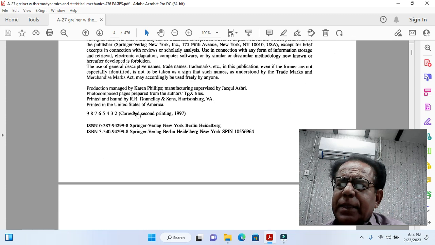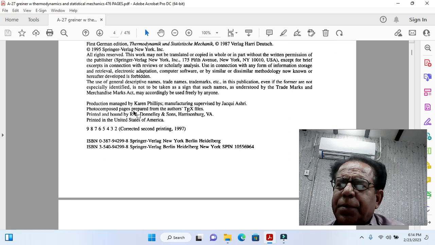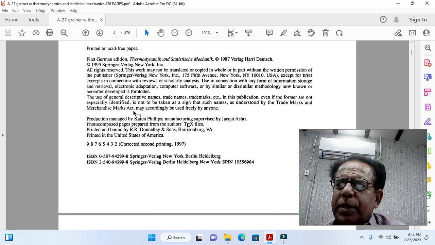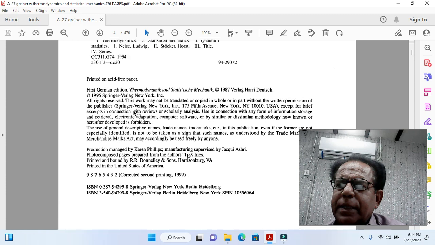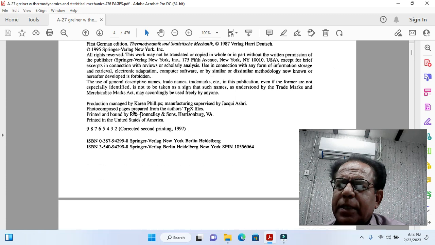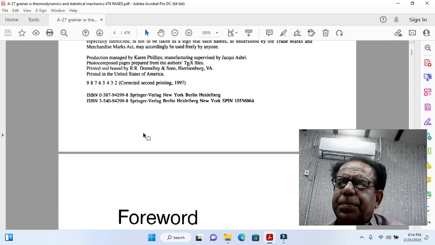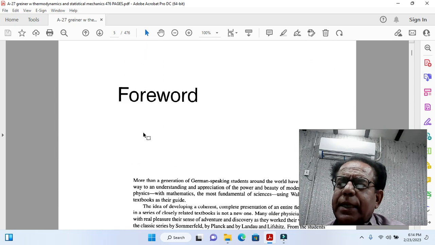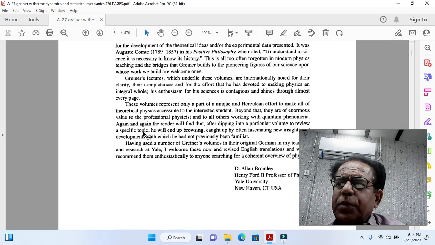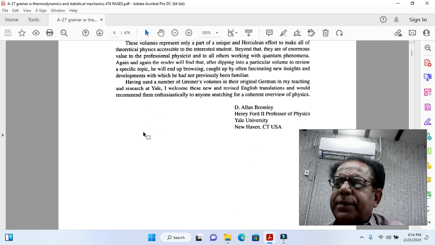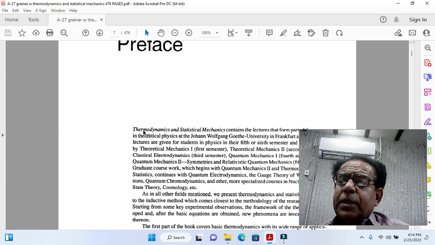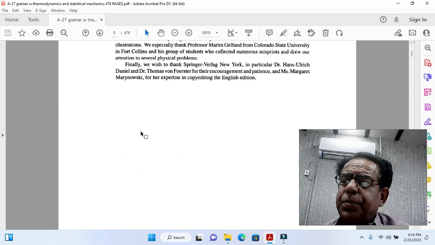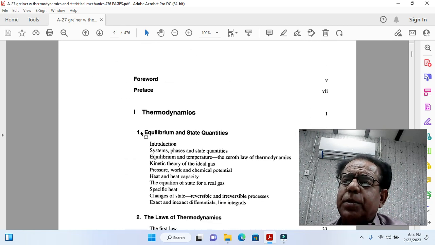Then another printing in the United States of America. Moreover, here it was written corrected edition, corrected second printing 1997. Foreword or preface, similar. Preface.